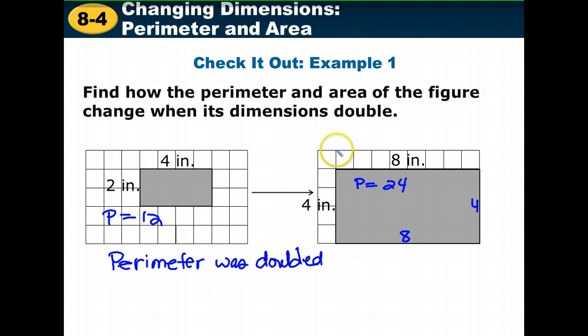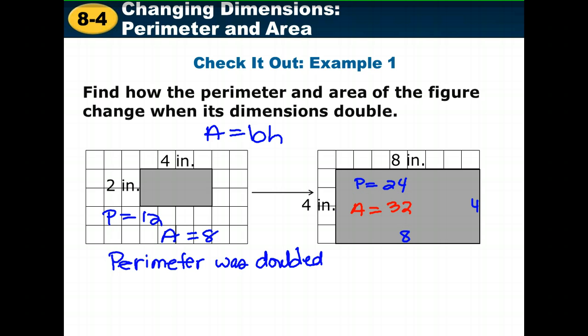Now let's take a look at the area. So remember, the area was base times height. So here would be 4 times 2, which is 8. And here 8 times 4, and the area will be 32. Now, how do we go from 8 to 32?